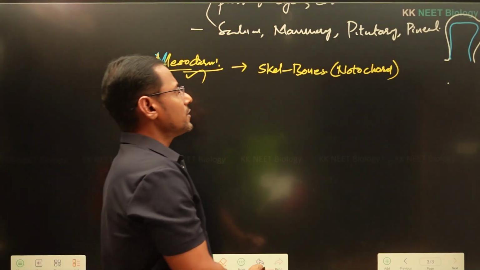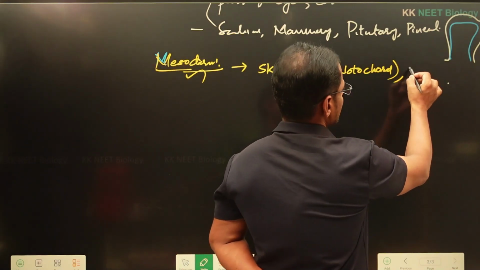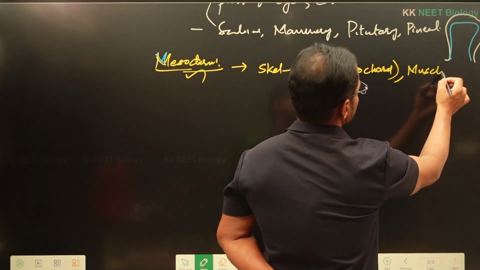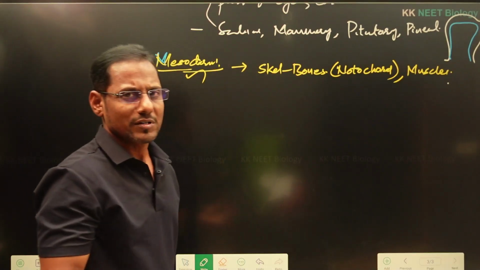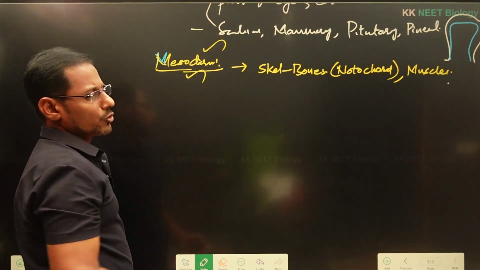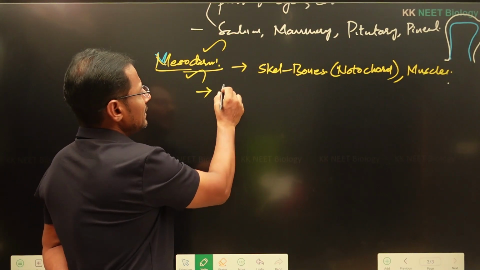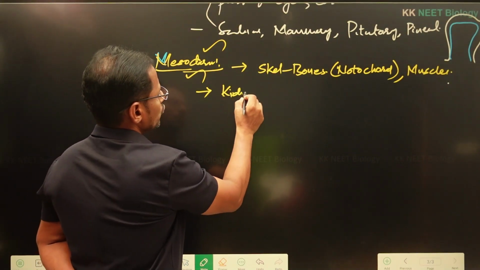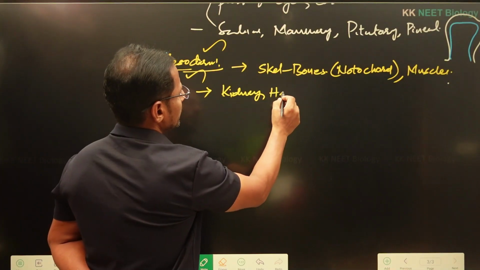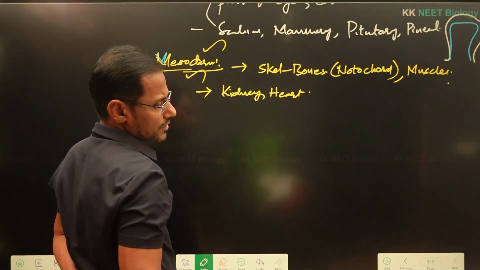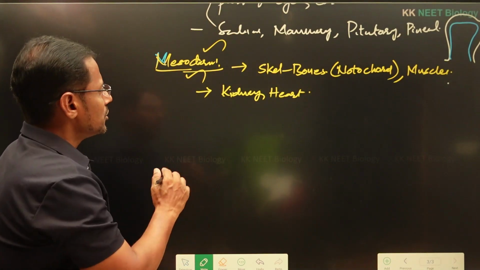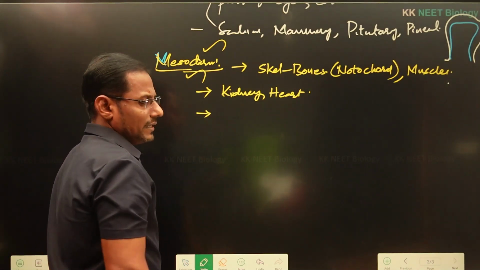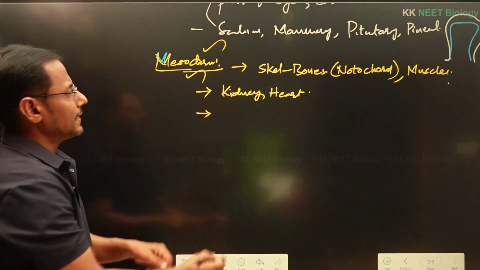After the skeletal system, the muscular system also develops from the mesoderm, as well as the key organs, kidneys and heart, which are derived from the mesoderm itself.